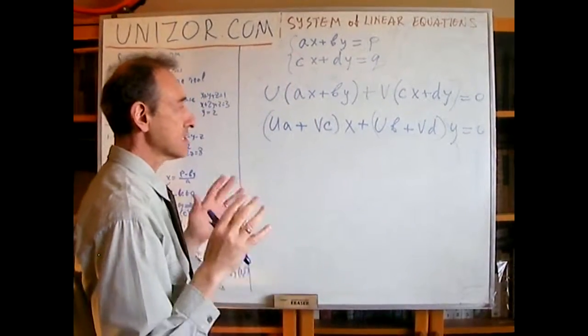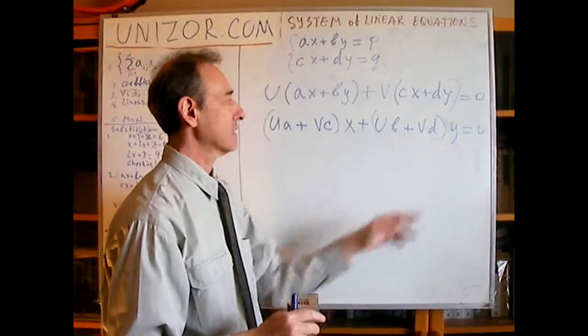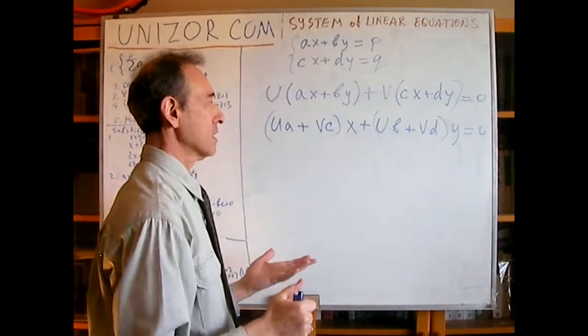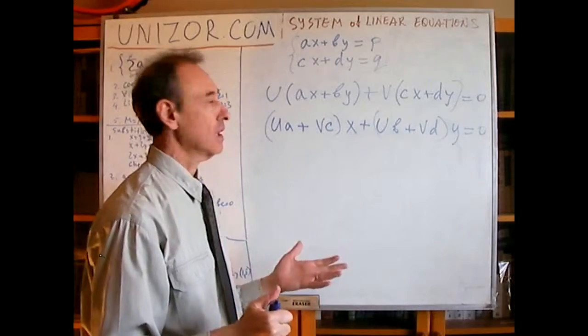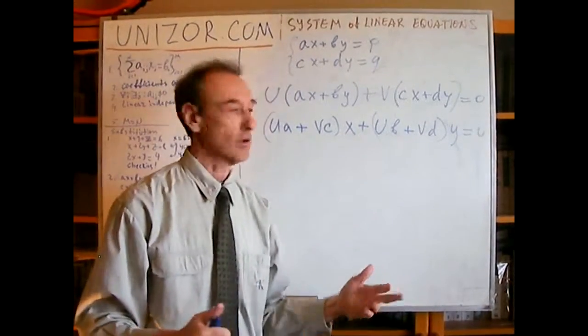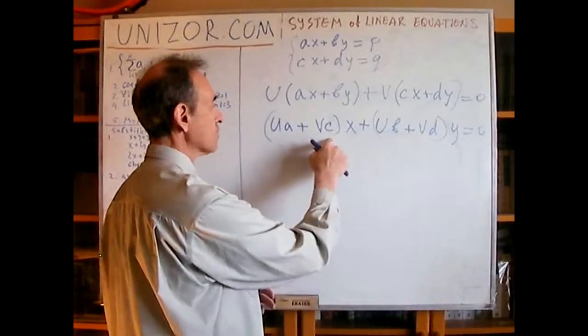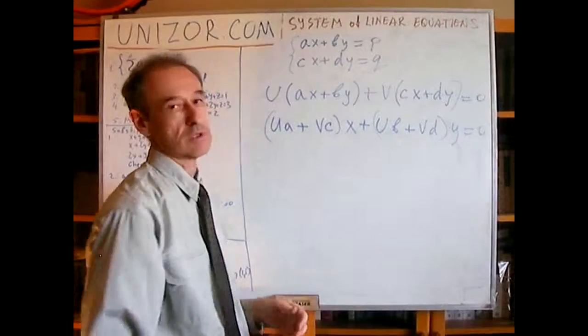Now, this is supposed to be equal to 0, as I just said, for any x and any y. How is it possible that under any circumstances, whatever values x and y take, this is always equal to 0? Only in one case, when this coefficient is equal to 0 and this coefficient is equal to 0.